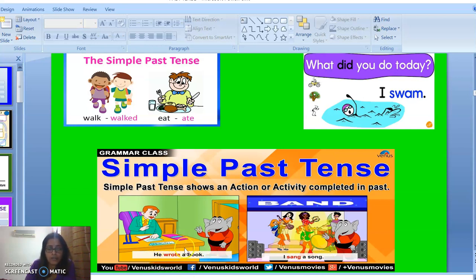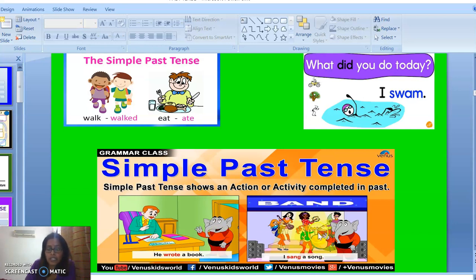Wrote is the verb 2 of the verb write, and he is the subject here. A book, obviously, is the object. He wrote a book, and the second is I sang a song. So I is the subject here, followed by verb 2 of the base form of the verb sing, and a song.